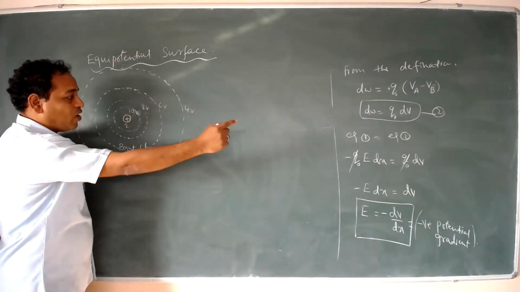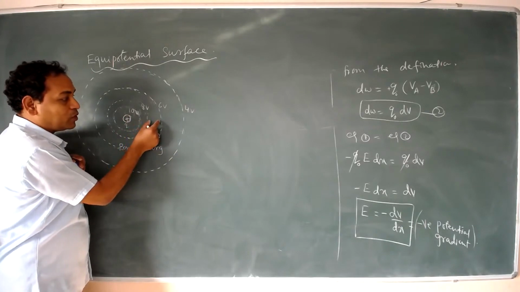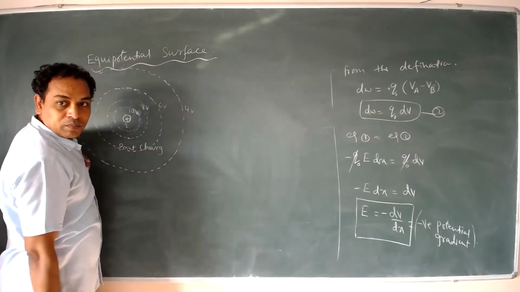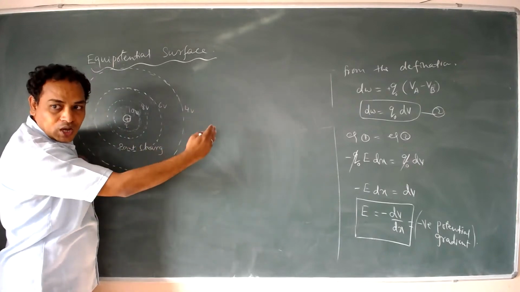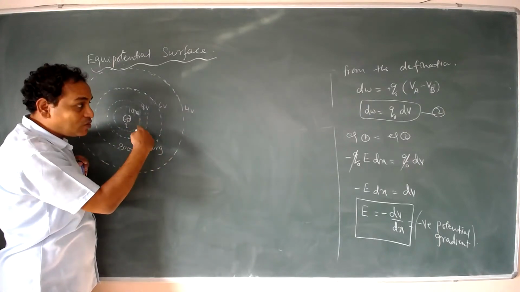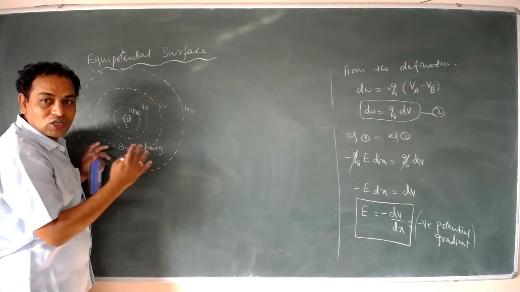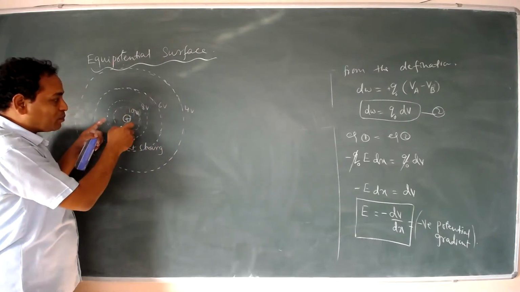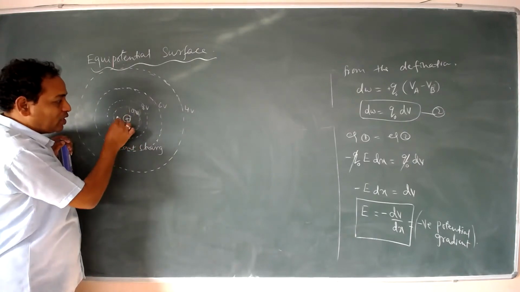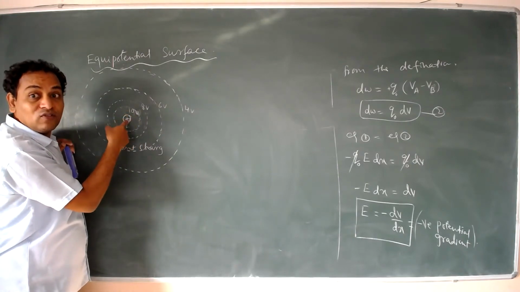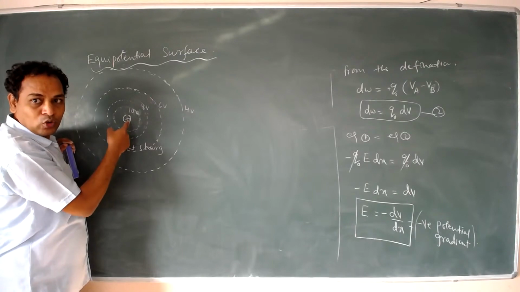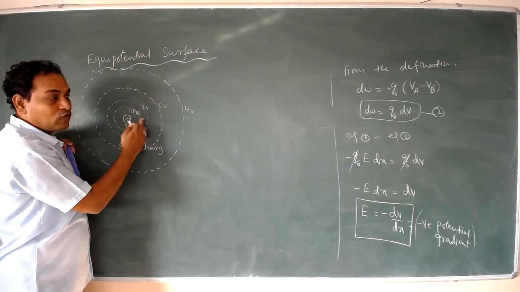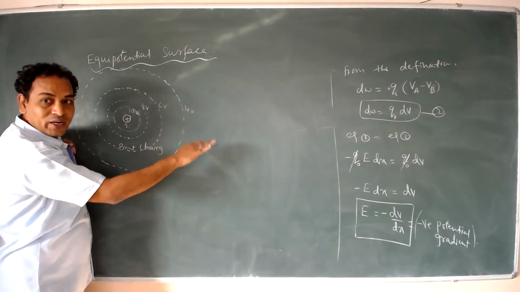So as we move away from the charge, the distance between the equipotential surfaces increases. That means nearer to this region, the electric field will be more. We know that the electric field is more nearer to the charge, whereas if you move away, the electric field will decrease.